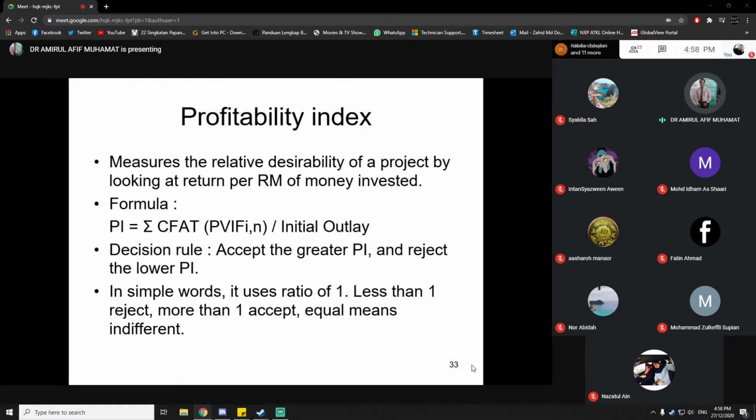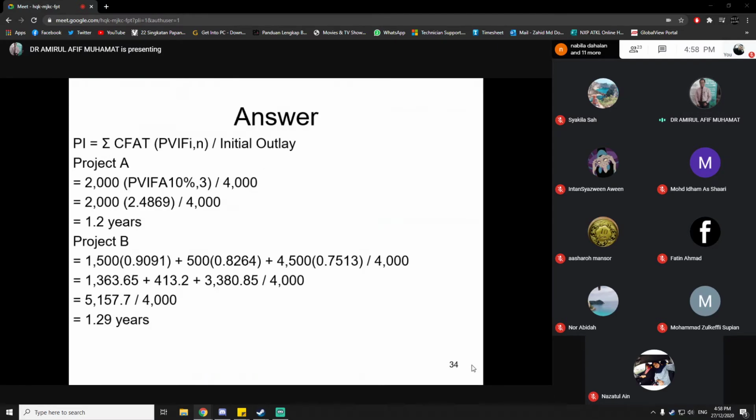Basically, if you look here, this is an example for this topic. Project A, I think you still remember the income there. Project A is an annuity, income is 2,000. 2,000 times the factor of present value annuity, 10%, 3 years, divided by 4,000.